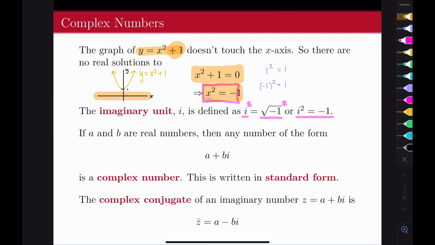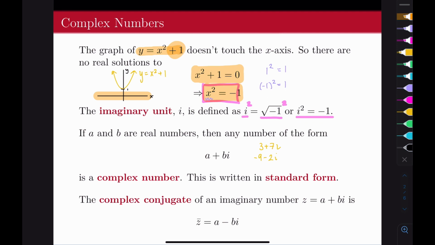Our complex numbers are really just a combination of the imaginary unit and some real number as well. If we say a and b are real numbers, then any number that has the form a plus bi is a complex number. This is specifically written in standard form. Just to give you some examples, 3 plus 7i is a complex number. -9 minus 2i is another complex number.